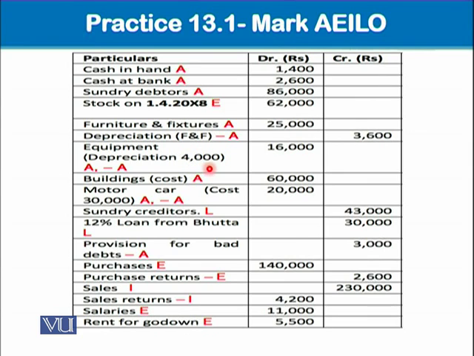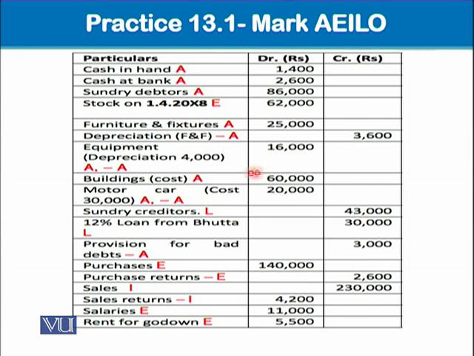The area inside the trial balance is debit and credit only. So this 4,000, we will mark minus A because it will be subtracted from the cost of the asset. And as we discussed as a tip in the earlier module, it is our net book value.